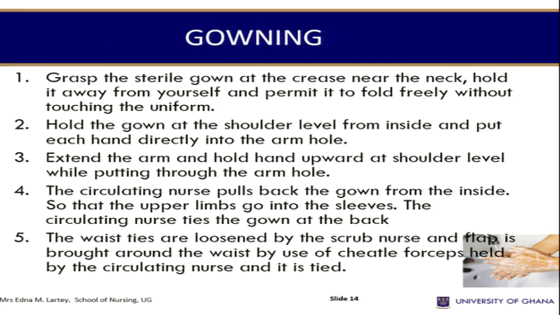The circulating nurse pulls back the gown from the inside so that the upper limbs go into the sleeves. The circulating nurse ties the gown at the back. The waist ties are loosened by the scrub nurse and the flap is brought around the waist by the use of artery forceps held by the circulating nurse, and it is tied.